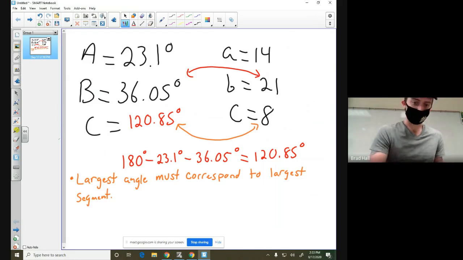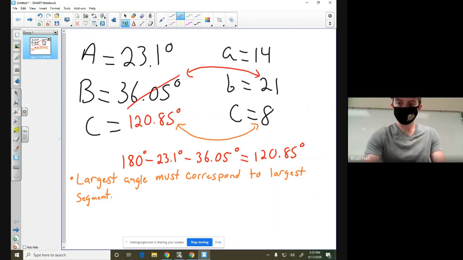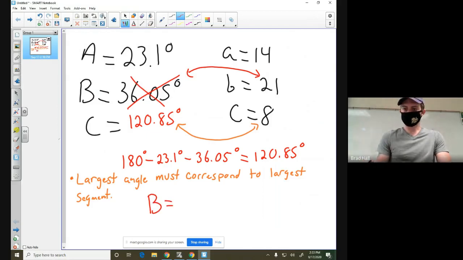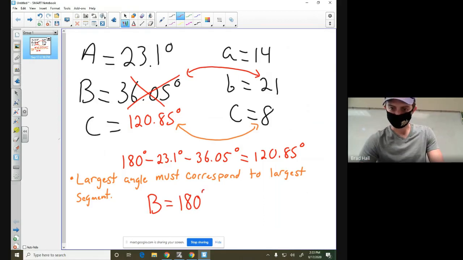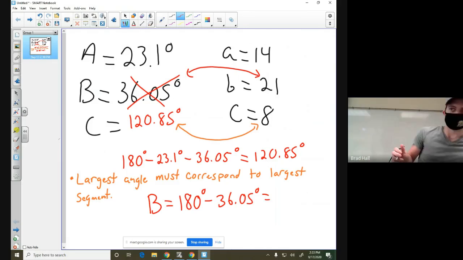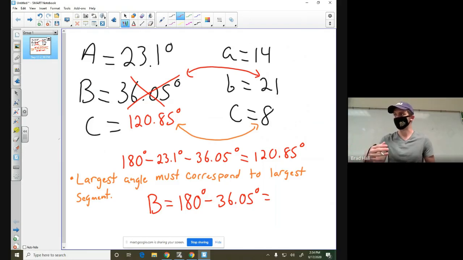So it turns out, by running into this issue, that B is in fact 180 degrees minus 36.05, because sine is positive in quadrant 2. Or you could solve for C first and then solve for B. It's 142.95. 36.05.